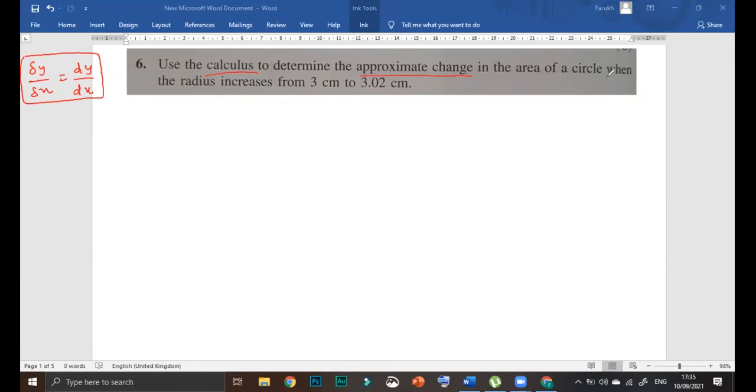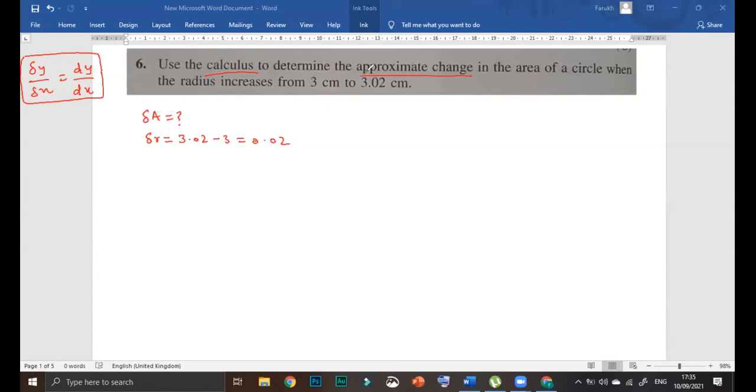In the area of a circle, the small change in the area of the circle, del A, is equal to question mark, when the radius increases from 3 to 3.02. To find del R, the rule is new value minus old value. 3.02 minus 3 is equal to 0.02.